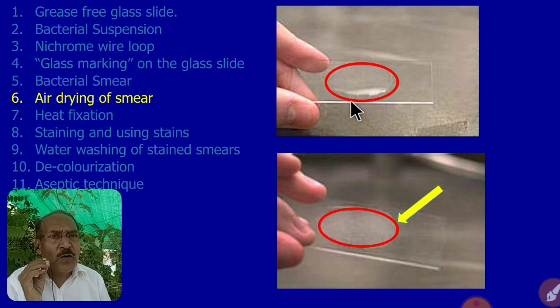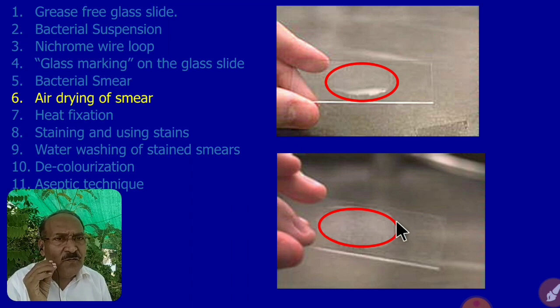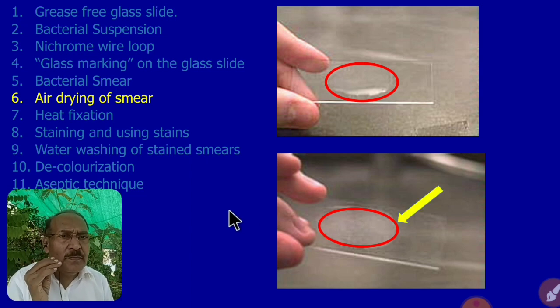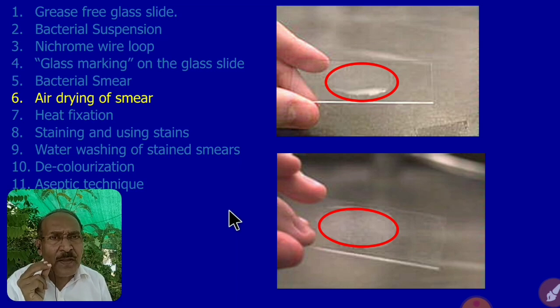If you hold this slide for a while in air as it is, then you can see water from this preparation is evaporated automatically in air, and it becomes the thinnest possible layer on the glass slide, allowing the water or moisture part from the bacterial suspension to get totally dried off. This is air drying of smear.